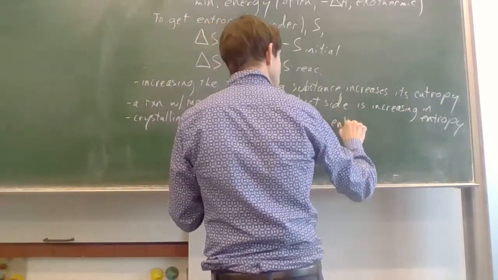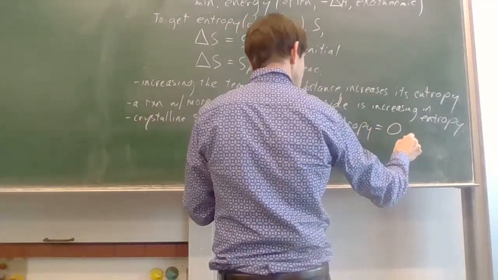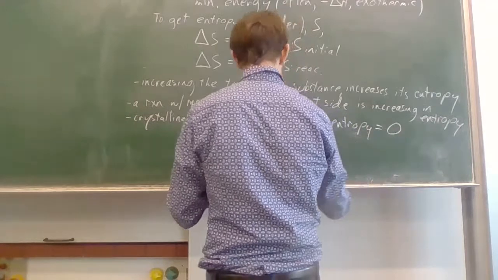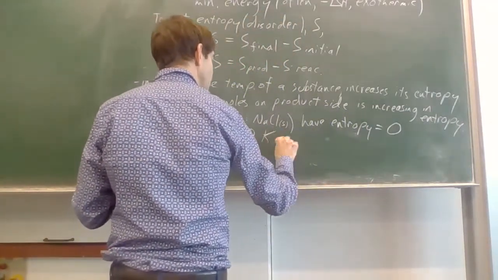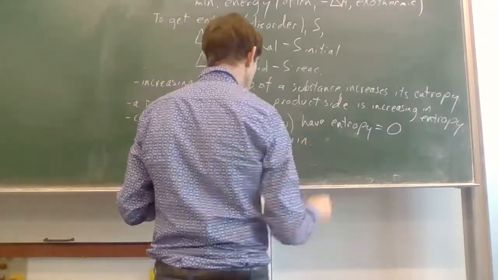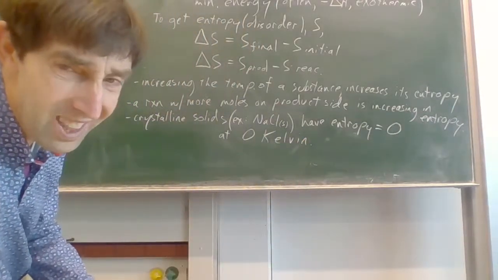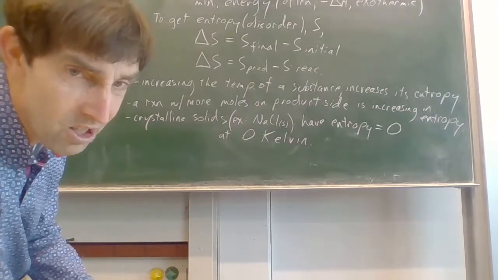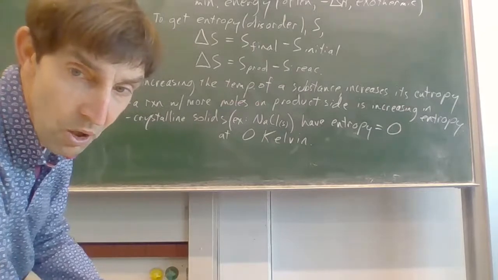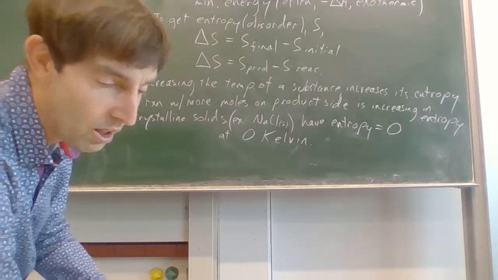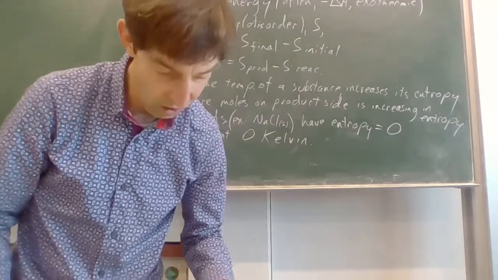Have entropy equal to 0 at 0 Kelvin. Whoa, but that kind of makes sense. So if I got it that cold, 0 degrees Kelvin, it's not moving. Therefore, there's no entropy, no disorder at 0 Kelvin. Everything's nice and ordered because it's freezing cold there, right?